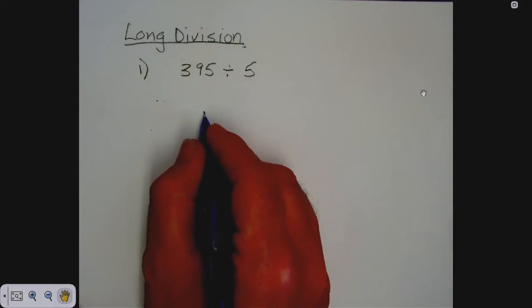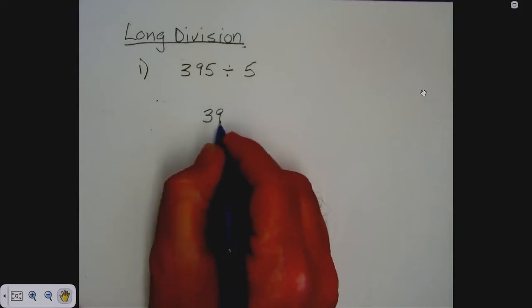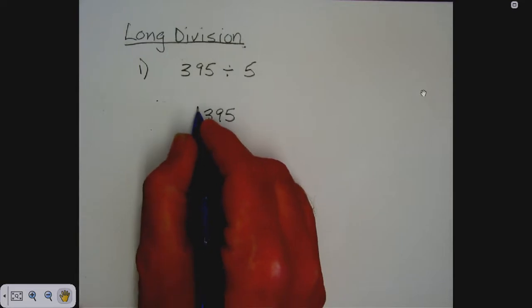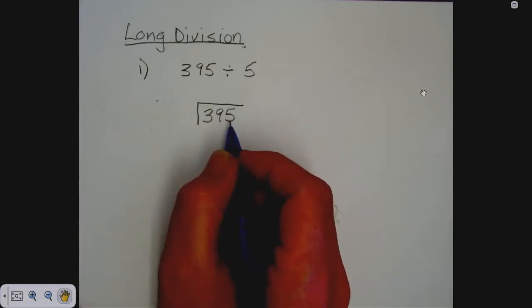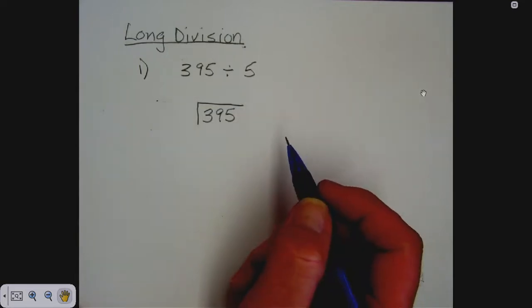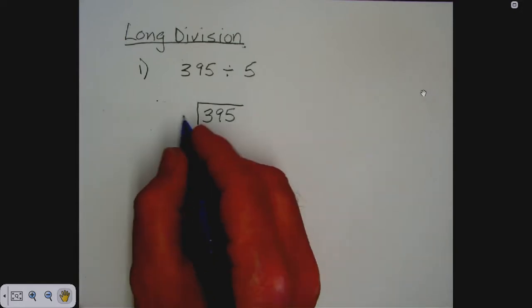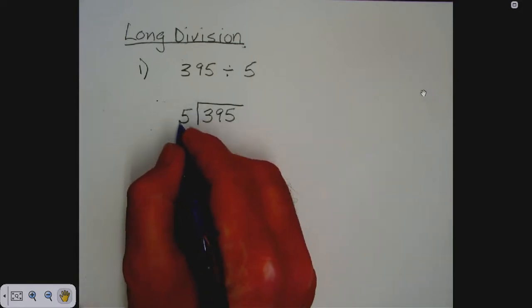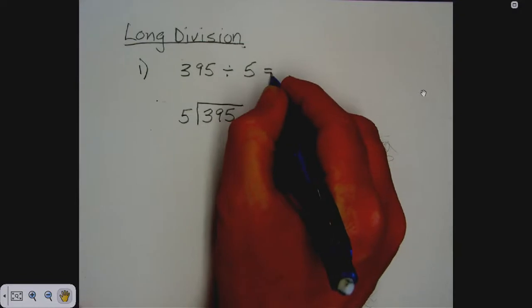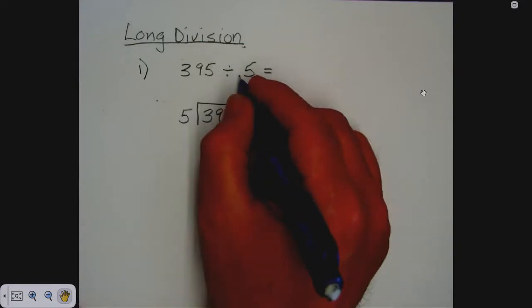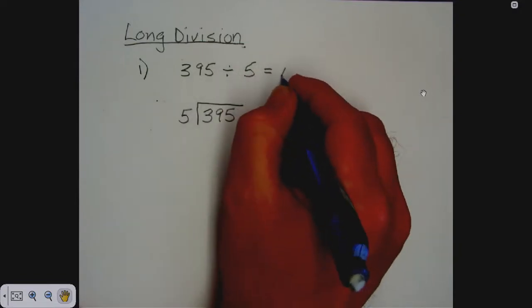As you recall, the 395 goes in the garage, we call it, because it's raining outside and the first number gets the choice, as you may recall. And the other number goes outside the garage. By the way, we're going to get 395 divided by 5, and we're going to get some answer.